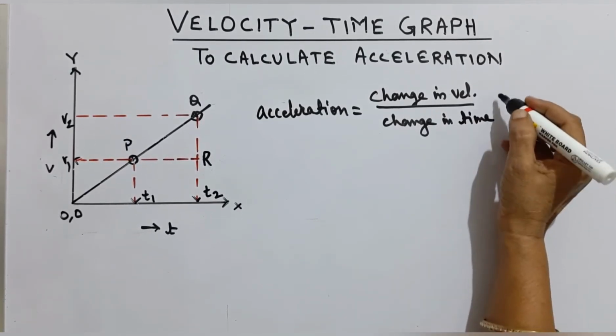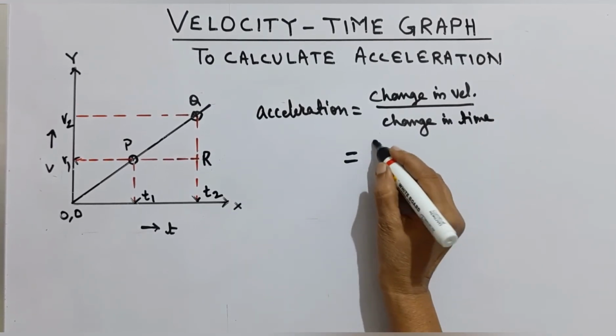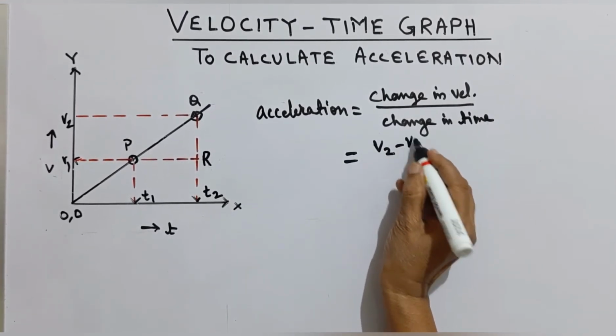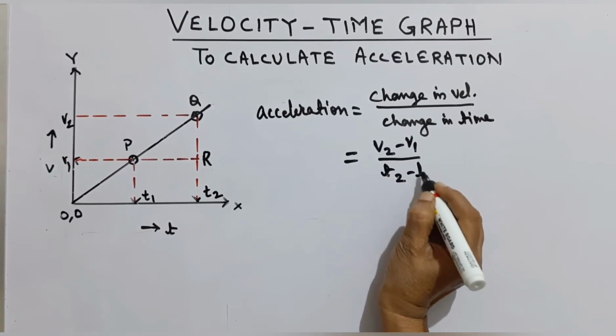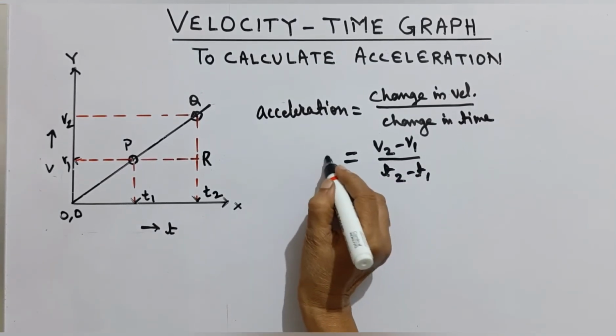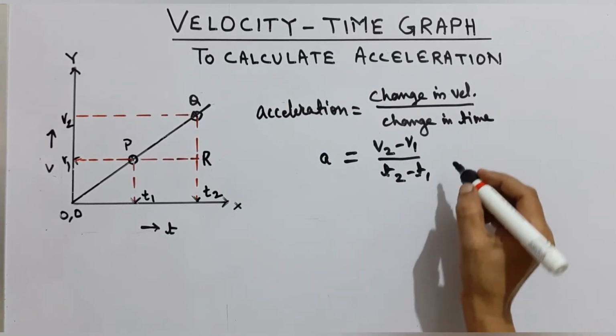So we can write it as v2 minus v1 upon t2 minus t1. Acceleration a is equal to v2 minus v1 upon t2 minus t1.